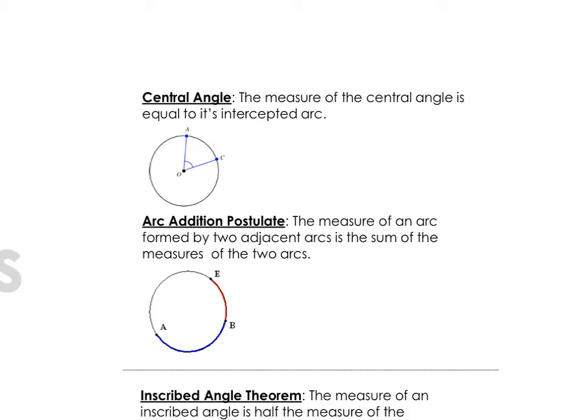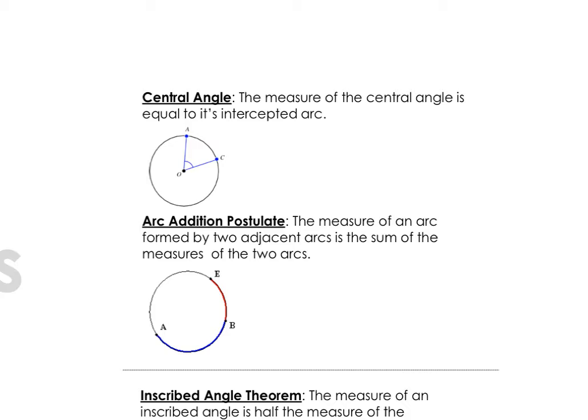The measure of the central angle is equal to the measure of its intercepted arc. Remember, the intercepted arc is the arc between the endpoints of your angle. A and C are my endpoints, so the intercepted arc would be AC.